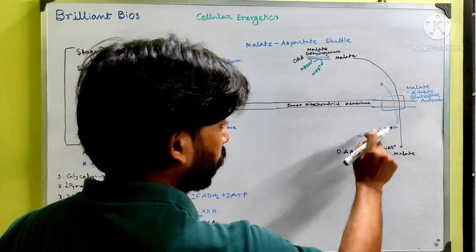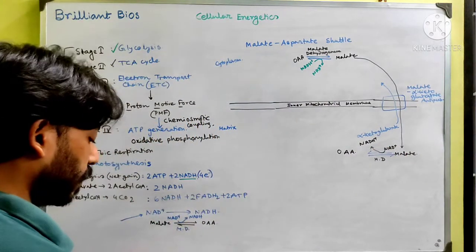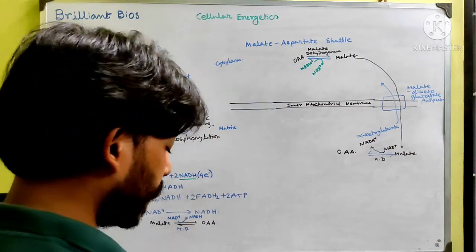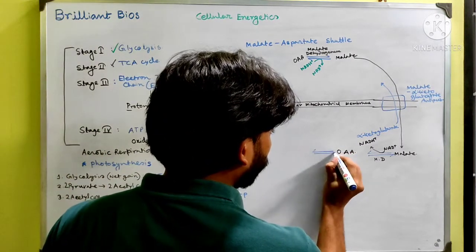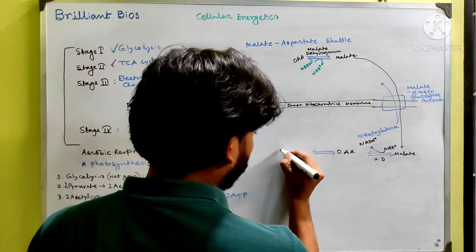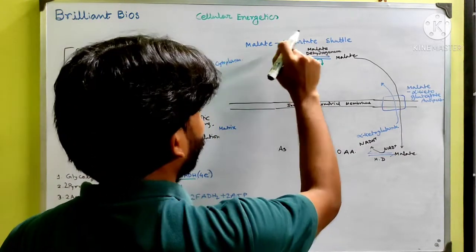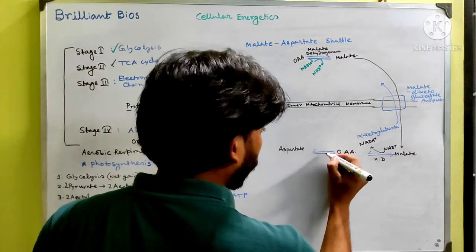Then it transfers the high energy electron to the NAD plus present in the matrix. Now this oxaloacetic acid gets converted into another product, in a reversible process. The product is called aspartate. That is why it's called malate-aspartate. Aspartate.